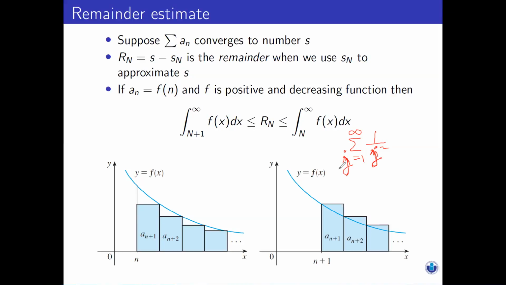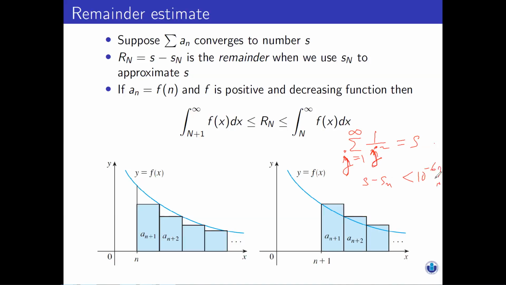So you know that this converges. This is a p series with p equal to 2. So it's going to converge to some value, let's call this S. So how big do you have to take n so that the difference is less than, say, 10 to the minus 6?